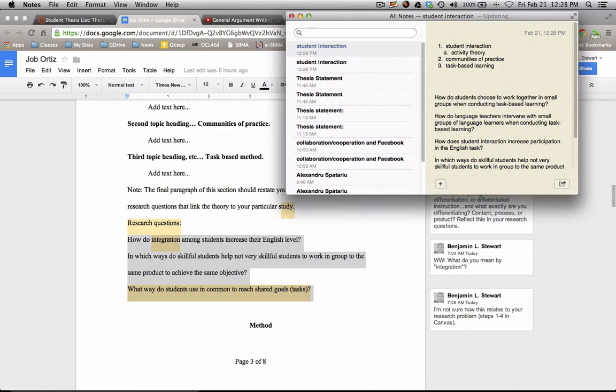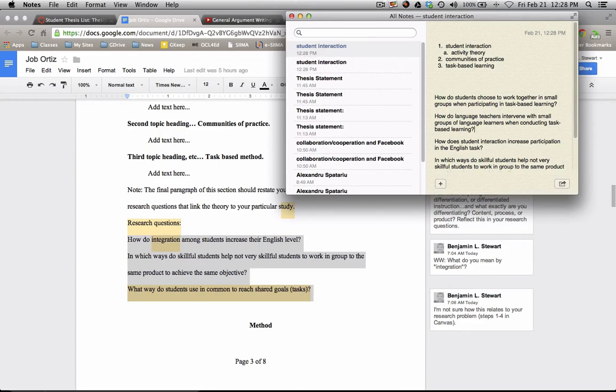How do students choose to work together in small groups when participating in task-based learning? Something like that. Okay, so how do language teachers intervene with small groups of language learners when conducting task-based learning?